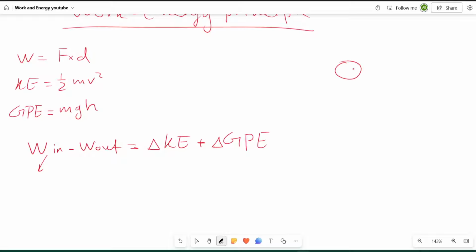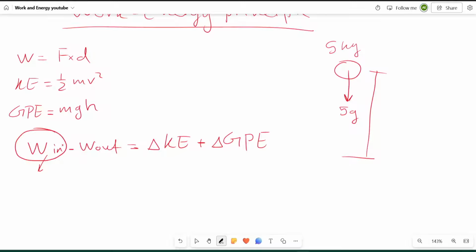Let's say we have a ball and it's falling down. You tell me, okay, the weight of the ball, if this is 5 kilograms, then the weight is going to be 5 times g. This weight of the ball is going to act like work in, because it's a force that's causing the ball to move downwards, right? I tell you, good thinking. However, we do not include the weight forces in this work in equation.